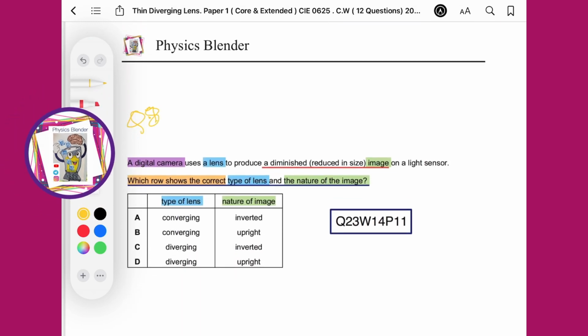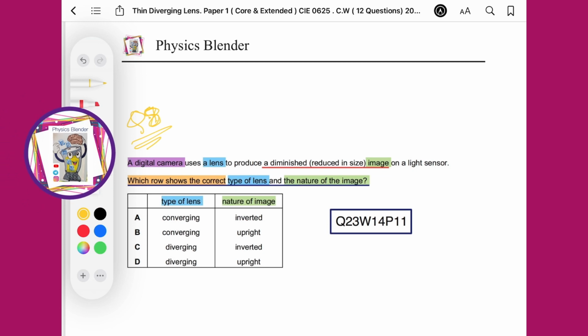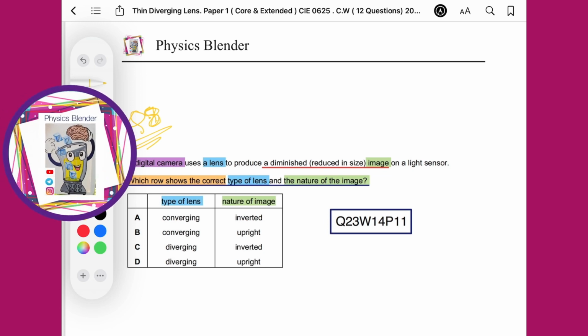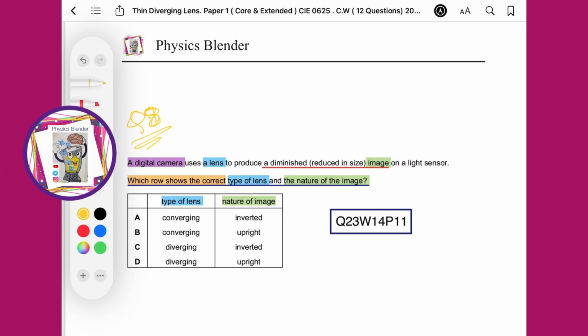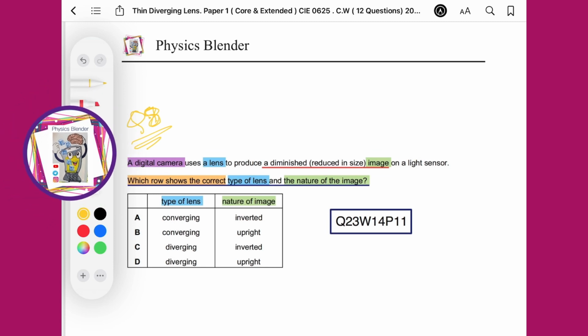Question 8. We have a digital camera that uses a lens to produce a diminished, smaller image on a light sensor. Which row shows the correct type of lens and the nature of the image?